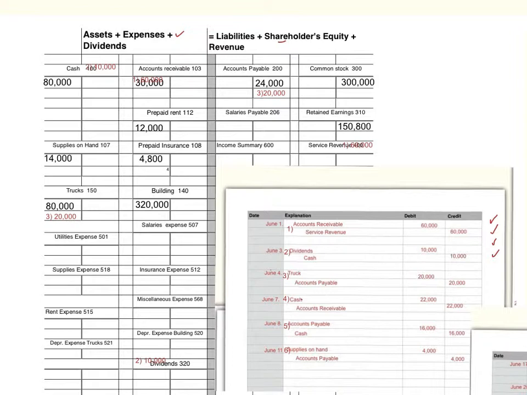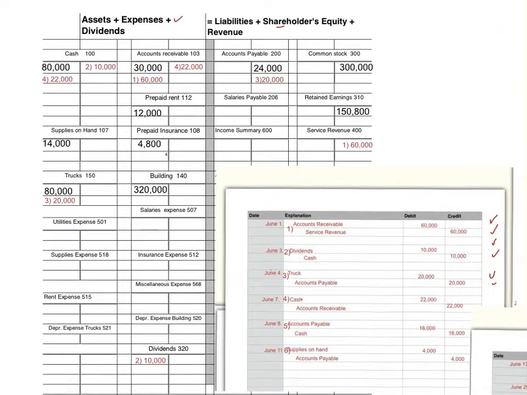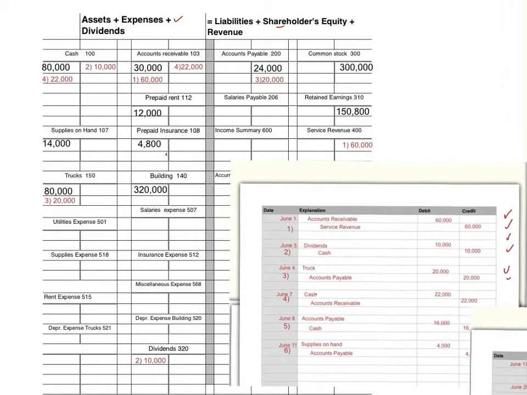And so I have finished, and I mark off that I posted this one and this one. The next journal entry is debiting cash and crediting accounts receivable. So a debit to cash, 22,000, and a credit to accounts receivable, 22,000.